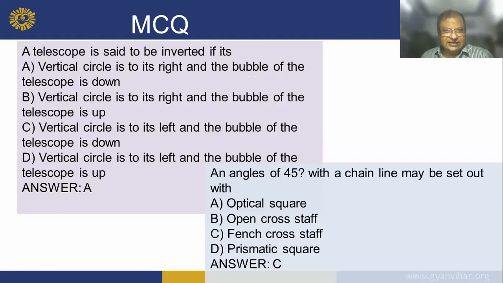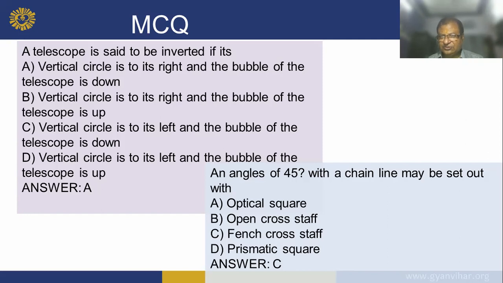Now, a telescope is said to be inverted if its... give a reply from the four answers, which is correct. The correct answer is A: the vertical circle is on its right, and the bubble of the telescope is down. Next question: an angle of 45 degrees with a main line may be set out with what?